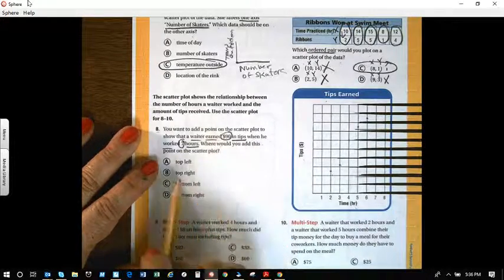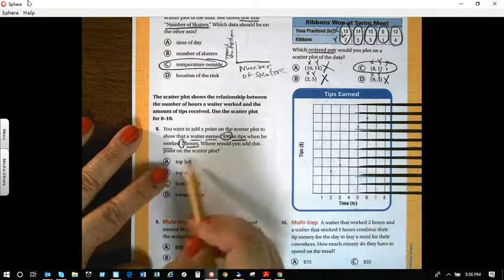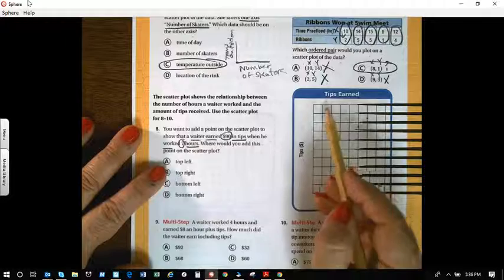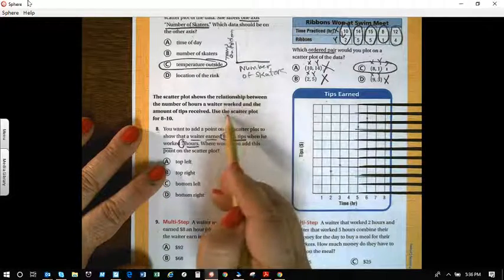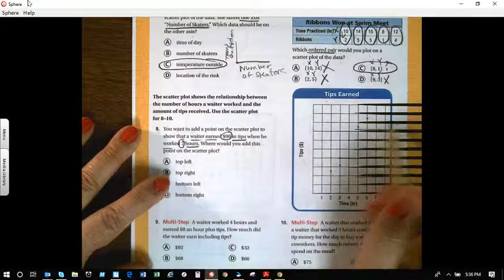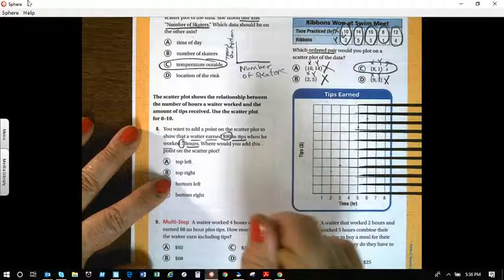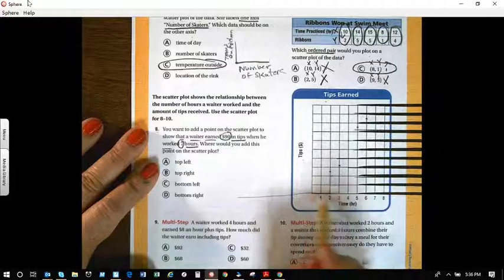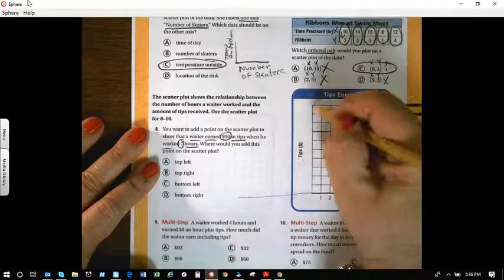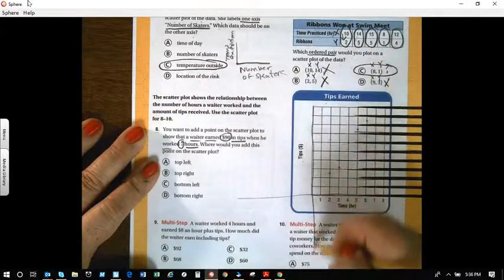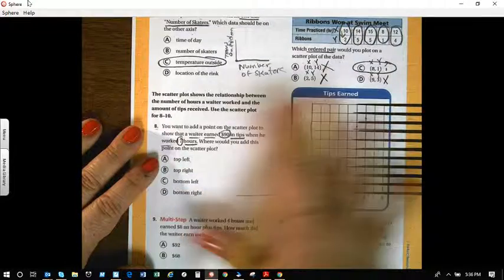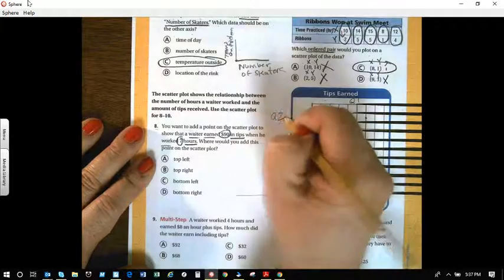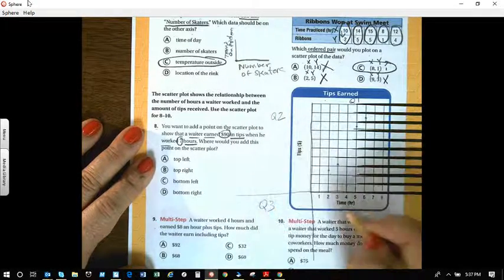Okay, so I'm going to do top left. I have top left, top right, bottom left, or bottom right. What they're talking about when they say bottom left, bottom right, is that if I took my coordinate plane, this would be quadrant 1, this is quadrant 2, this is quadrant 3, and this is quadrant 4.